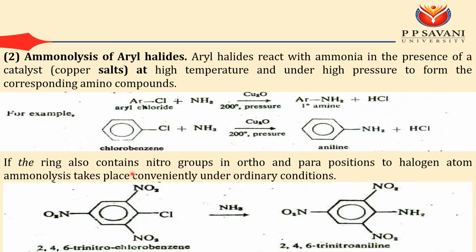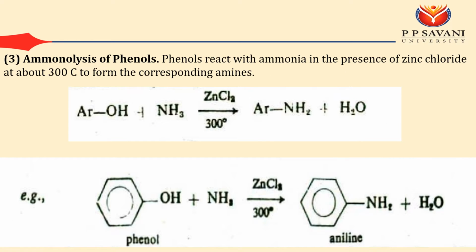If the ring also contains nitro groups, like at all three positions 2, 4, 6, and you have this kind of aryl halide, you can easily replace the halogen, because of the nitro groups in the ortho and para positions. Ammonolysis takes place conveniently under ordinary conditions, so you need not worry about the temperature here.